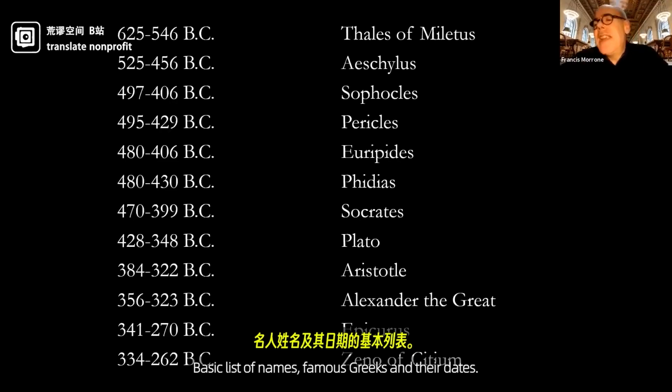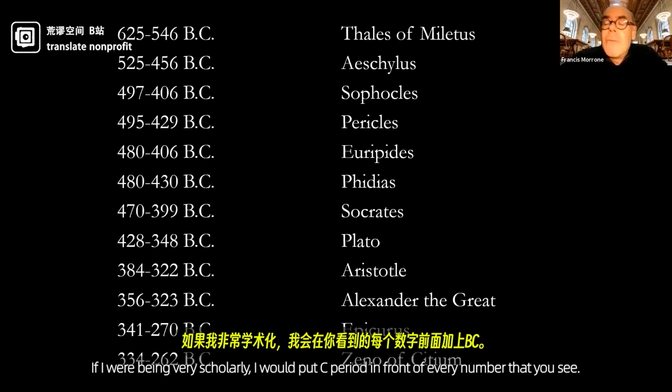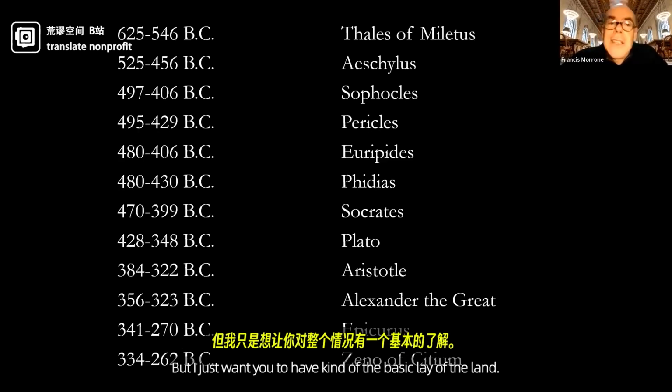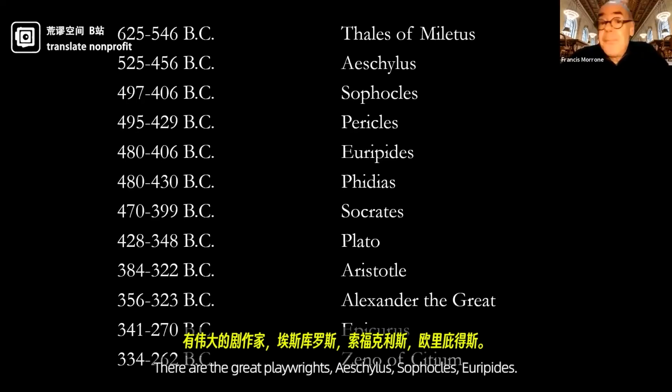Basic list of names, famous Greeks and their dates. These dates are very approximate. If I were being very scholarly, I would put "circa" in front of every number that you see, but I just want you to have the basic lay of the land. Thales of Miletus, the top name on this list, is the person recognized generally as the father of Western philosophy.